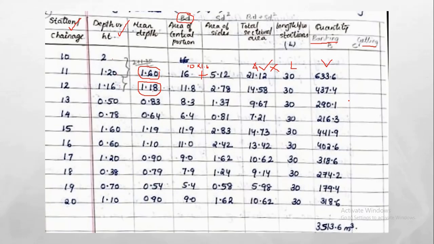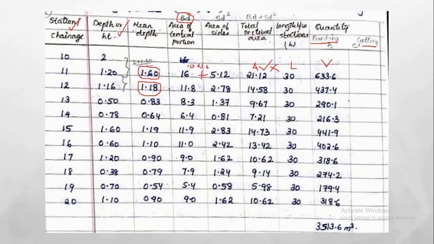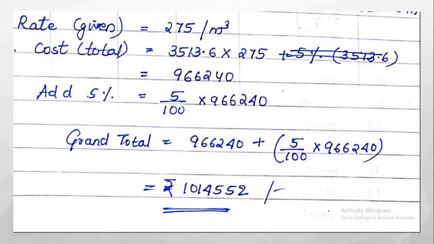So in this case, in the entire problem, cutting is not applicable. Everywhere it will be banking, so the cutting column will be empty, and all the values we fill in the banking column. You can take the sum and get the final value.